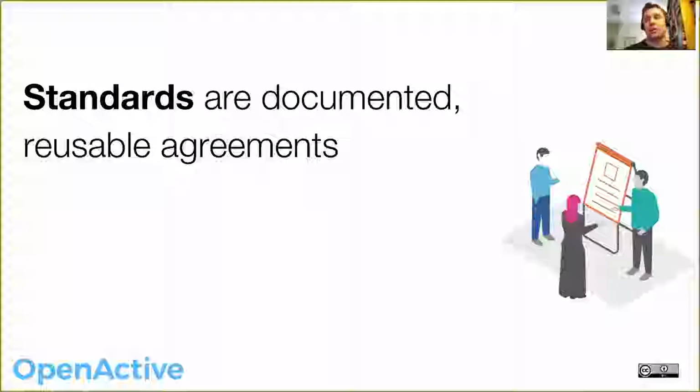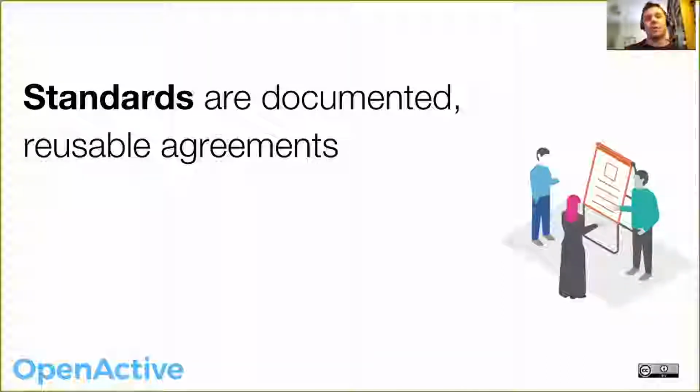Some standards are defined by national bodies. So in the UK, we've got the British Standards Institute, but other standards are built by community groups and programs like OpenActive. What standards help us do is to design, build, and use things in consistent ways.